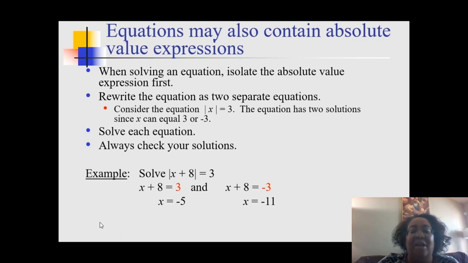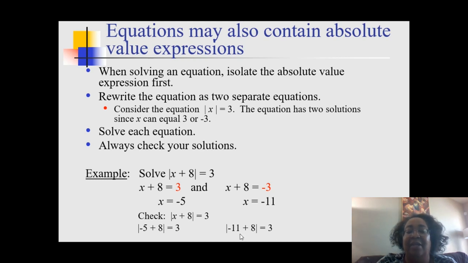Now let's just check it. All we're going to do is substitute these in to make sure they're right. So in the absolute value, go back to this original problem here. Stick in the negative 5. We know that negative 5 plus 8 gives me a positive 3. That's what I tested for, and that's correct.